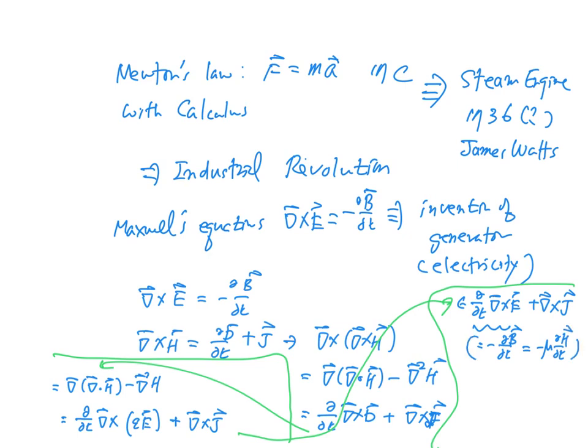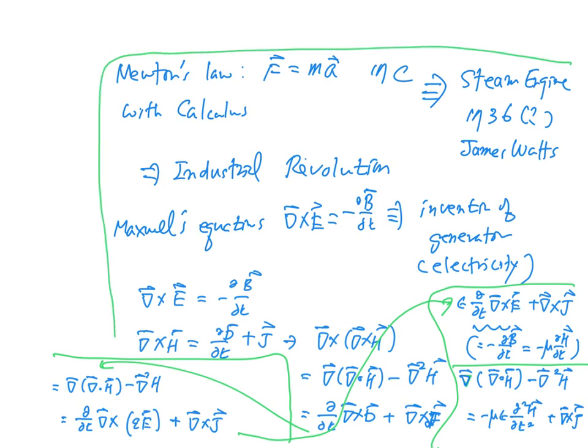So we have the equation, where is it? Gradient of divergence of H minus Laplacian H is equal to minus mu epsilon partial squared t of H plus curl J. Maybe I can borrow this space, so let's move this.